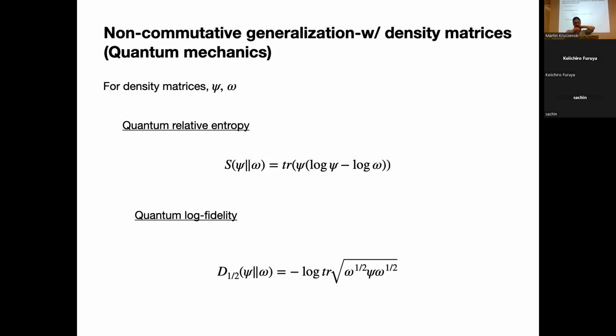In quantum mechanics, we have density matrices, and quantum relative entropy is defined in this way, which we are familiar with. This is also the one that Lai Mei explained to us last time. There's also another thing, the quantum version of log fidelity, which is just minus log of the trace.